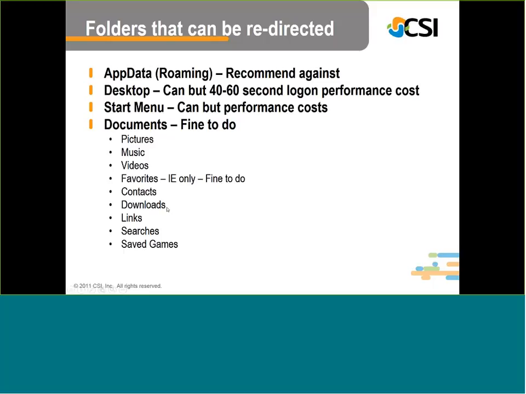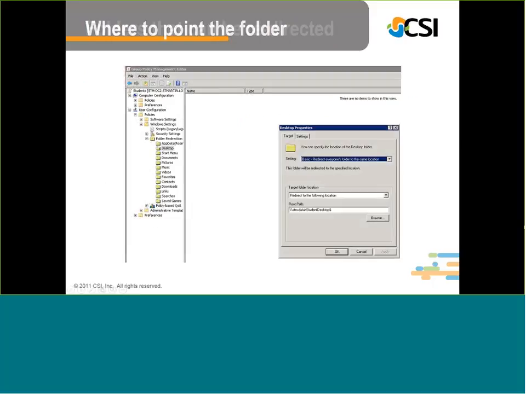Again, downloads might be big if you're a tech person, and there's a performance cost for that. So generally, these desktop, start menu, if you're going to do shared desktops, that's what you're going to do. Documents, probably all of you are doing, perhaps favorites, and if you're not doing favorites, it's easy enough to do. So let's look at this in a little more detail.